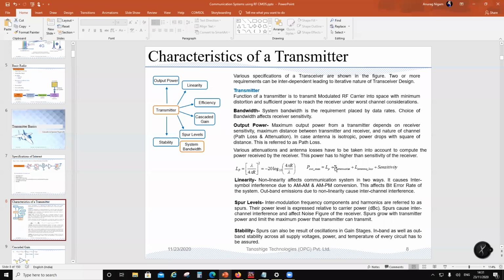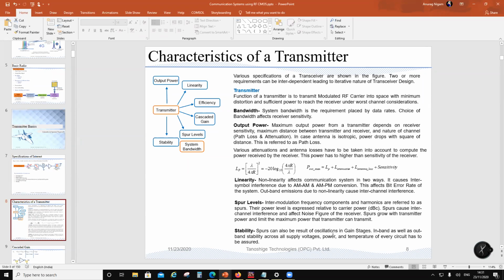Add to that the attenuation. If you have a water absorption band, then water is going to absorb a lot. If you have an oxygen absorption band, then oxygen is going to absorb. So this attenuation is basically some form of absorption. Then there are antenna gains. If your transmitter and receiver are isotropic, then you are seeing directly the path loss, where the power drops as 1 over R square.